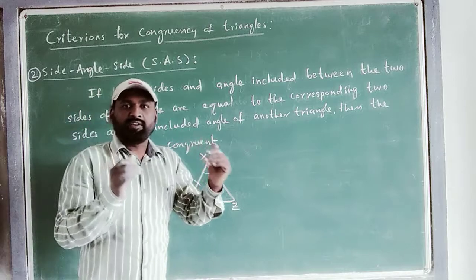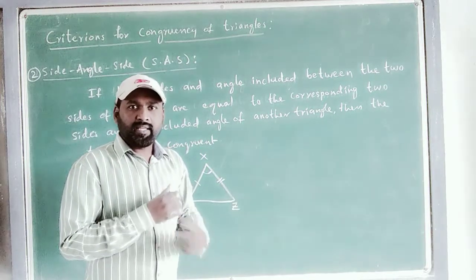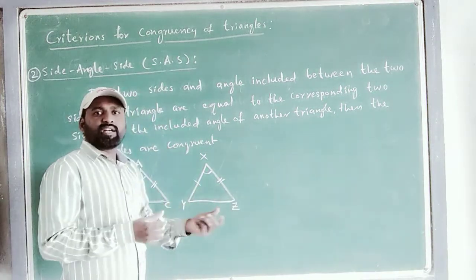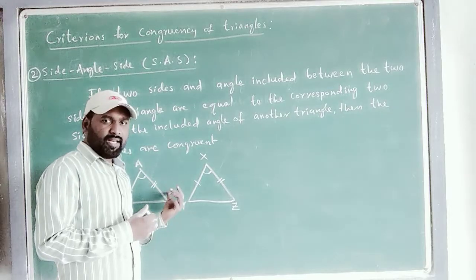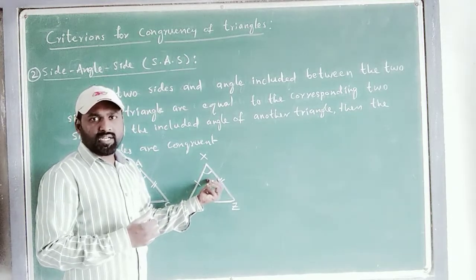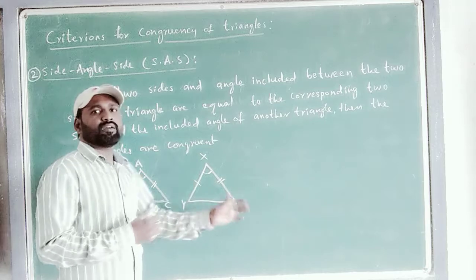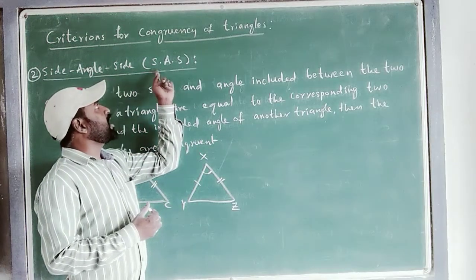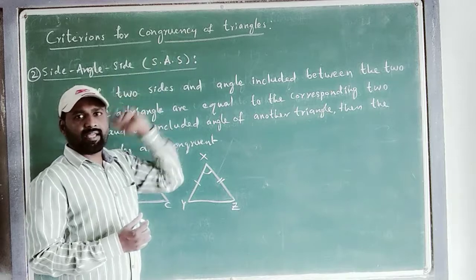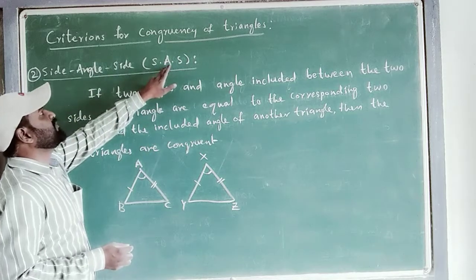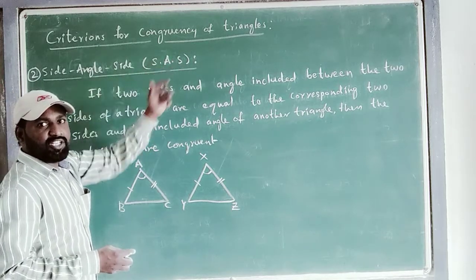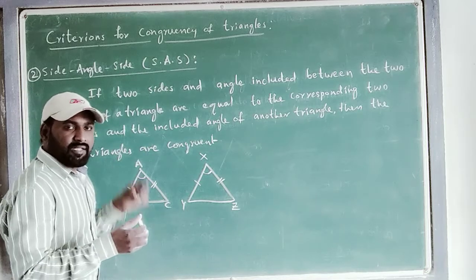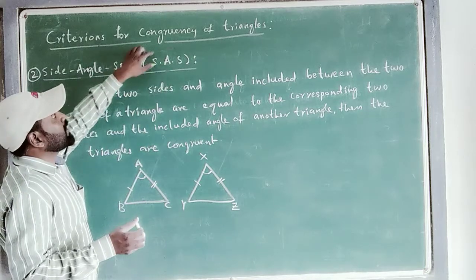That means when you are comparing the two triangles, if the angle included by the two sides of one triangle and the angle included by the two sides of another triangle are both congruent, then the two triangles are congruent to each other under the rule of SAS, side angle side. Here you see A is in between the two sides. That means the angle should be in between the two sides. That angle is called included by these two sides.